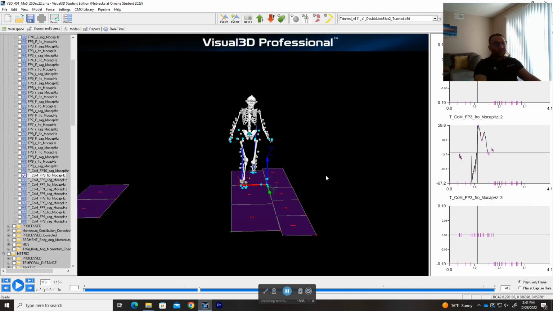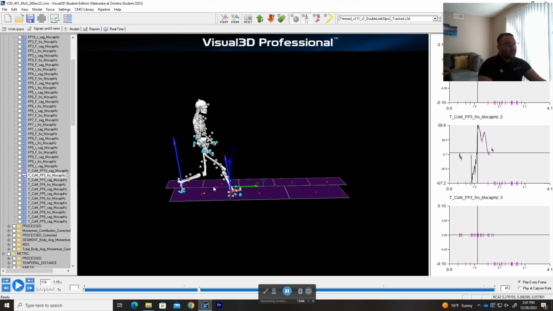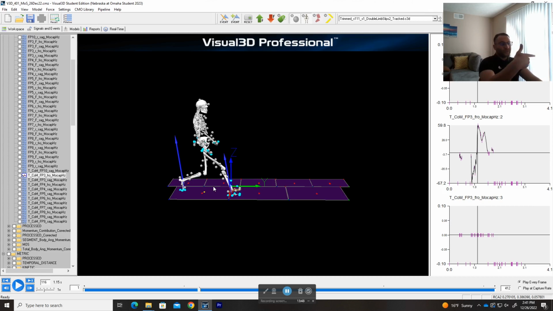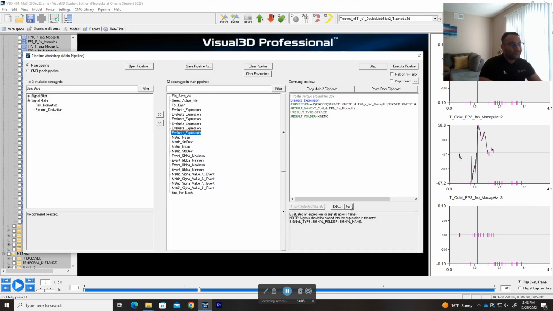So when they're rotating clockwise, it should be negative, and when they're rotating forward, when you look at it this way as well, that's clockwise, so that should be negative. But when we don't give it a minus sign, it gives us the opposite direction. So that's why I gave it a minus sign.